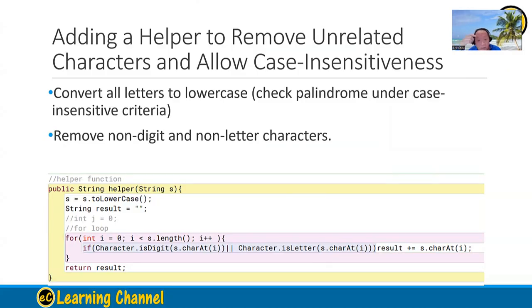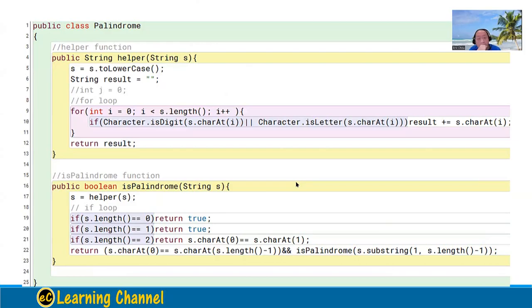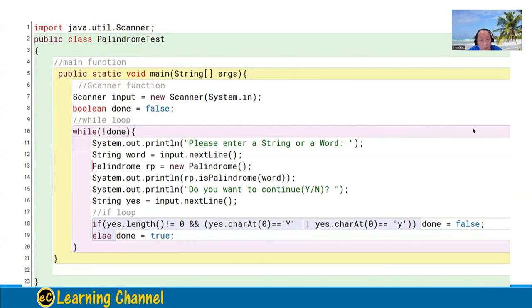And you can also write a version that is case insensitive. So this one will allow Race Car to also work. Okay, anyway, this part is not important.